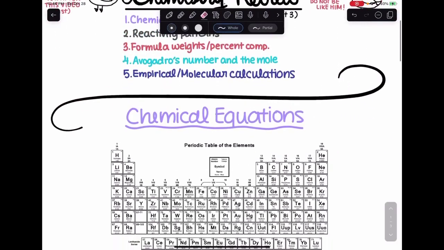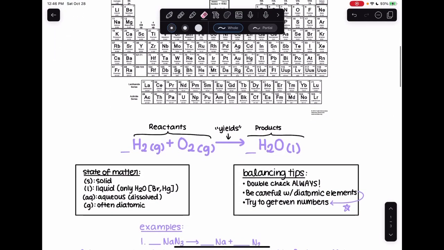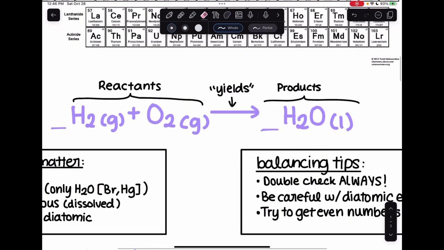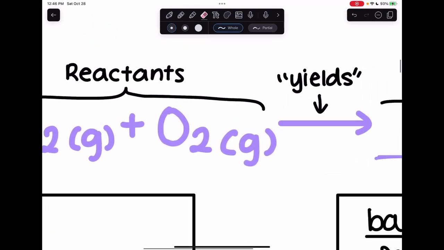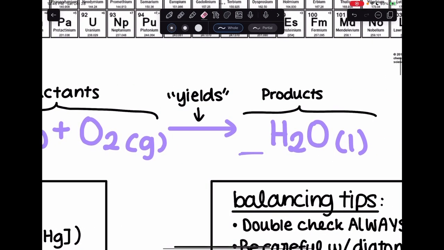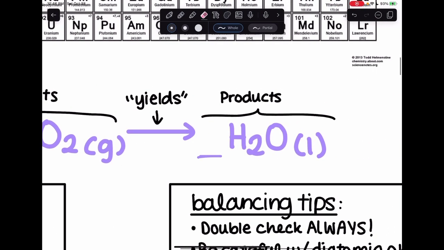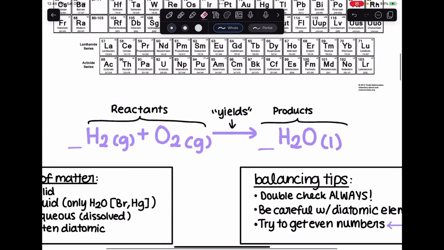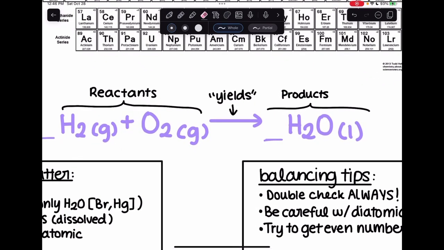So let's talk about chemical equations. This is the very basic example of a chemical equation. It's not balanced yet, but we'll get to that. And basically, we have our reactants on this side, and a reaction will happen that will yield a product. And when looking at equations, a very important thing to understand is the law of conservation of mass.